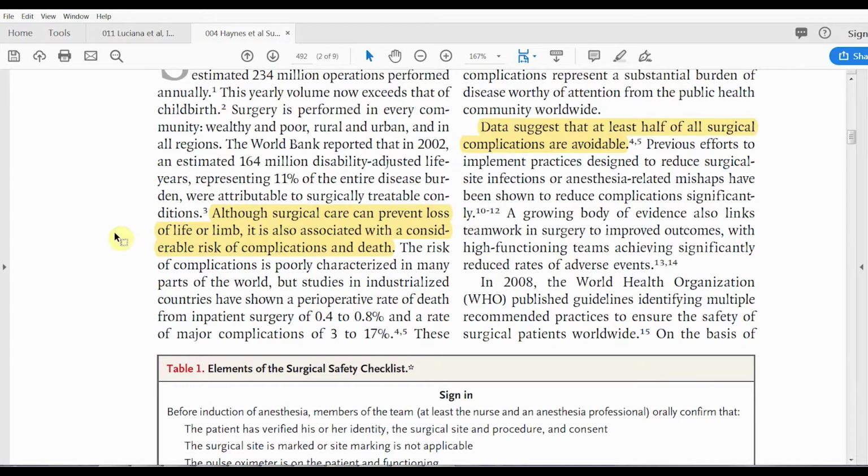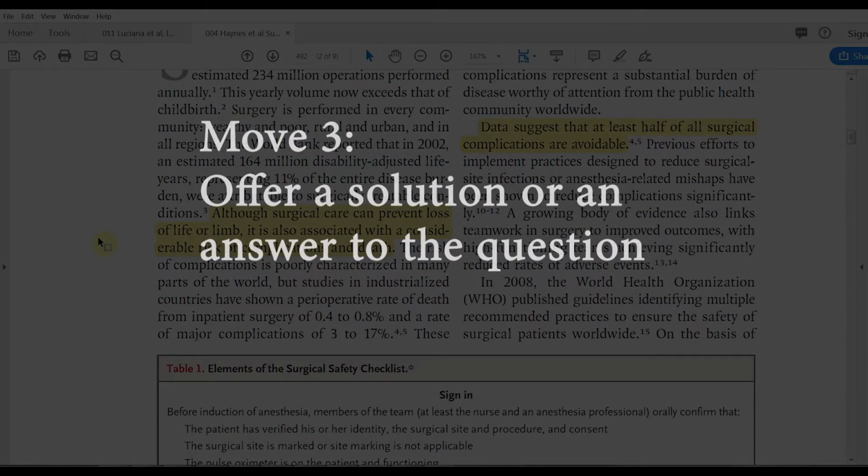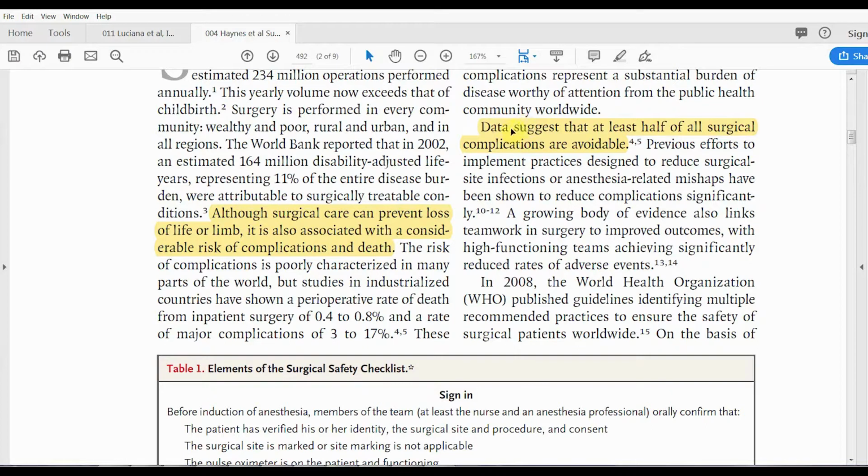Then the third move is to offer a solution, or at least part of a solution. Or if they have posed an unanswered question, this is where they would offer an answer to that question, or at least a step towards an answer. Here they're taking a step towards that. They're pointing out that the complications from surgery are preventable, or avoidable, is the word they use.